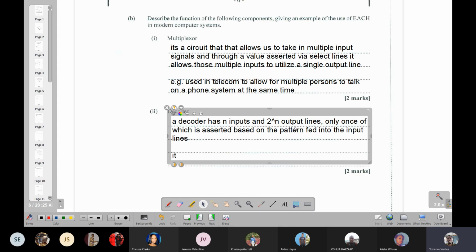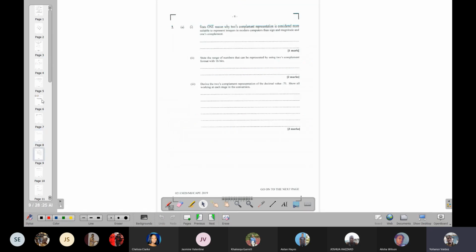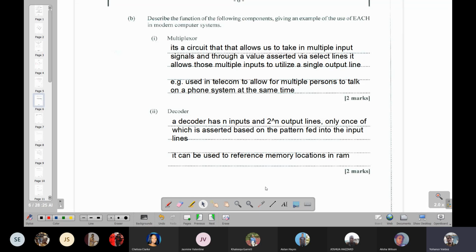So an example of a decoder would be that it can be used to reference memory locations in RAM. Okay, and how is this possible?